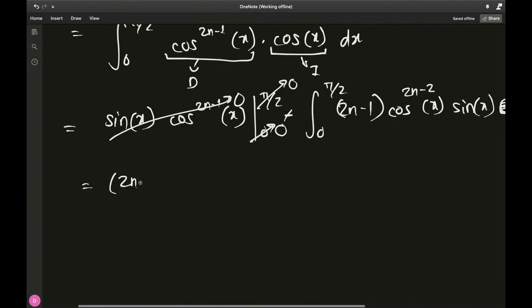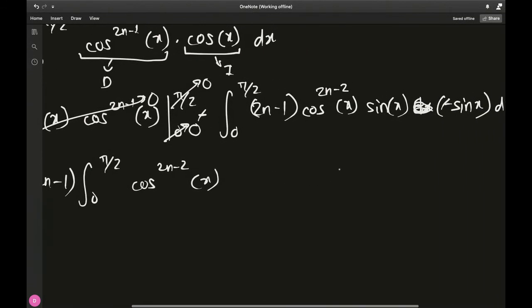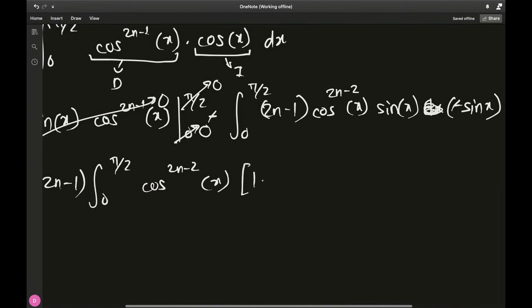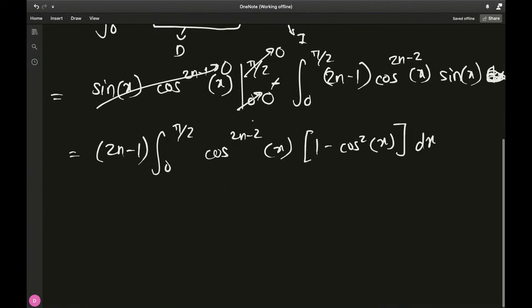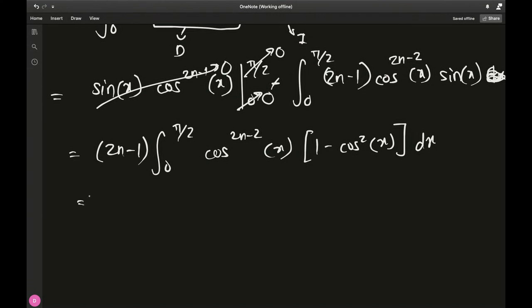So take the 2n minus 1 outside, integral from 0 to pi over 2 of cosine of 2n minus 2 of x, and this sine squared that we have can be expressed as 1 minus cosine squared of x dx. Okay, so 2n minus 1.